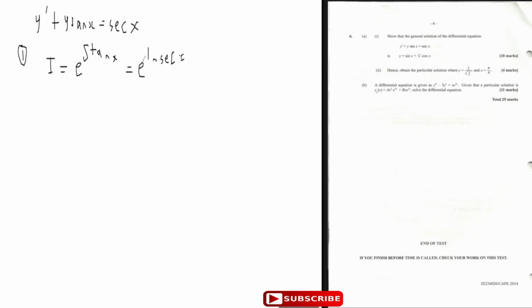But e to the ln, e cancels ln, and so you just get sec x. Now when you get sec x, you're not finished. What you have to remember is that the second step is you're going to write that the general solution is y times the integrating factor I is equal to the integral of sec x times the integrating factor.